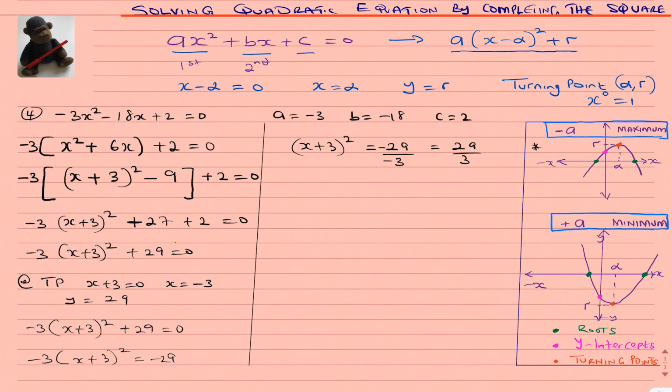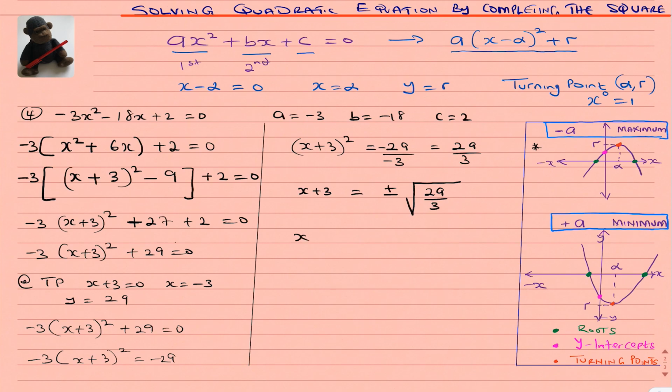Then what we now need to do is basically square root both sides. So I have x plus 3 equals plus or minus square root 29 over 3. Now I need to take 3 to the other side, or subtract 3 from both sides.